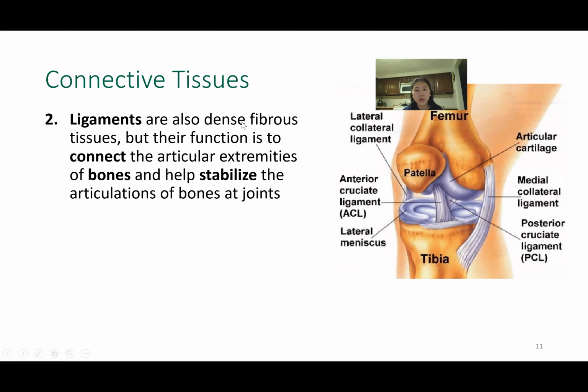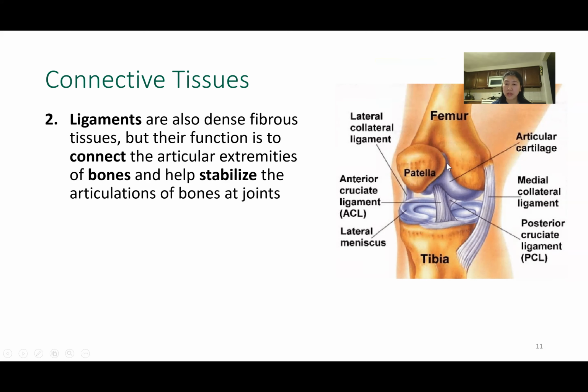The second type of connective tissue is ligaments. It is also a dense fibrous tissue, but different from tendons, which connect muscles to bones, ligaments connect bones to bones. I'll give you a good example of a major joint in the body.